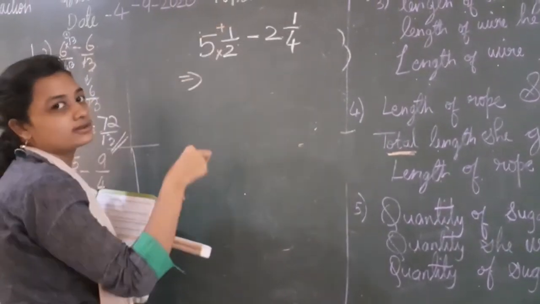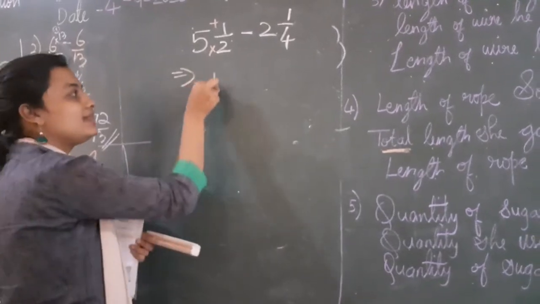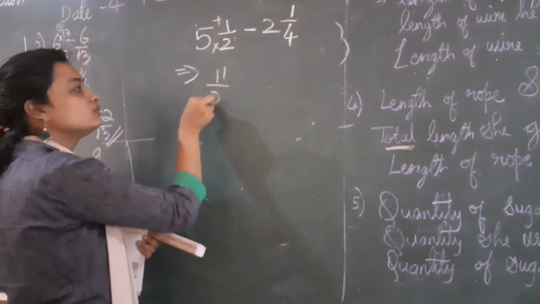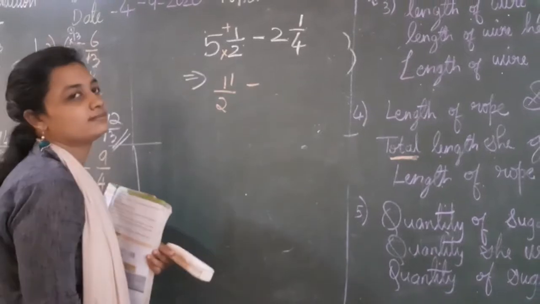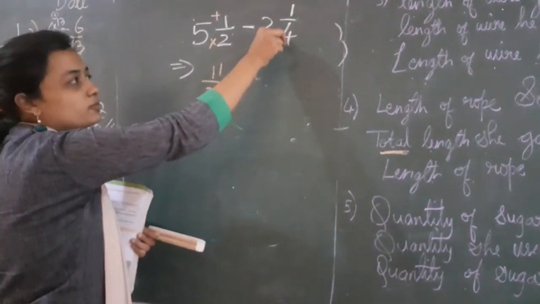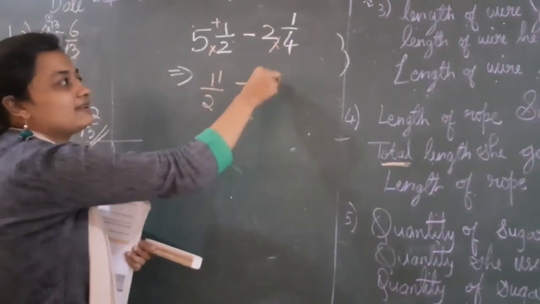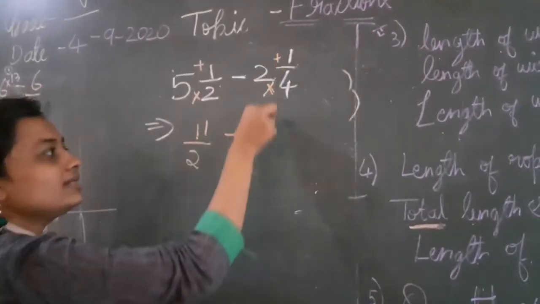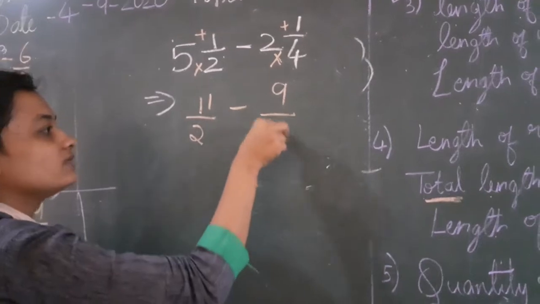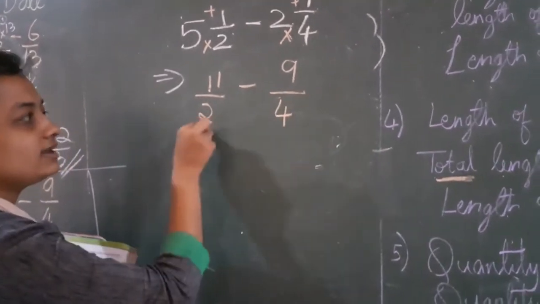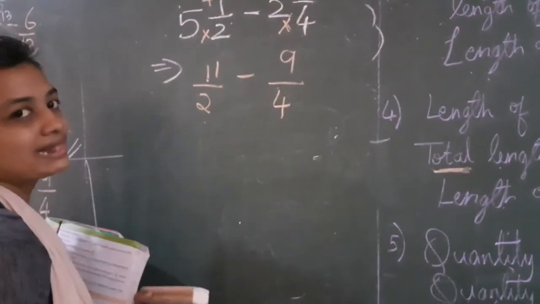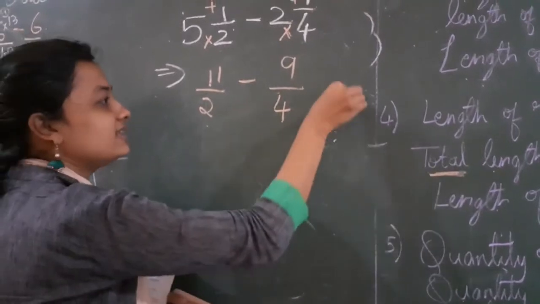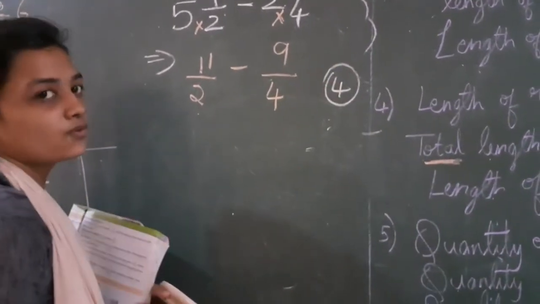Add the numerator, 10 plus 1, 11. So 11 by 2. Next one. Convert this also into an improper fraction. So multiply first, 4 twos are 8. 8 plus 1, 9. 9 by 4. So I can see different denominators. So the LCM. What is the LCM for this? It is 4.